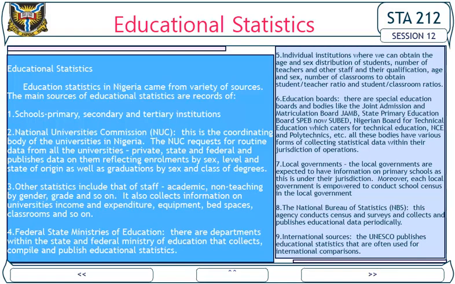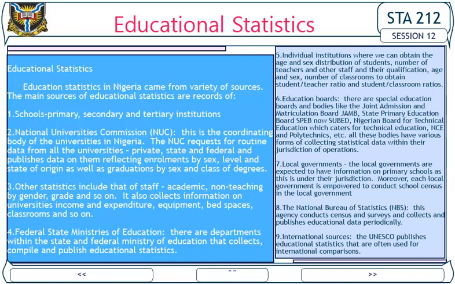There are special education boards and bodies like the Joint Admission and Matriculation Board, JAMB, State Primary Education Board, SPEB, now SUBEB, Nigerian Board for Technical Education, which caters for technical education, NCE, and polytechnics, etc. All these bodies have various forms of collecting statistical data within their jurisdiction of operations.